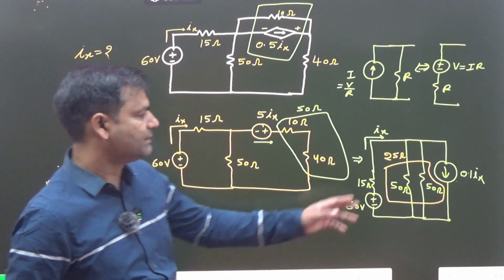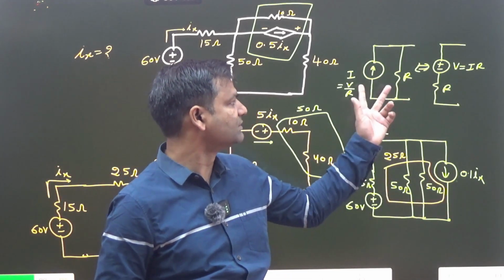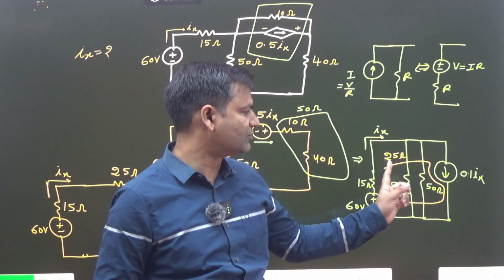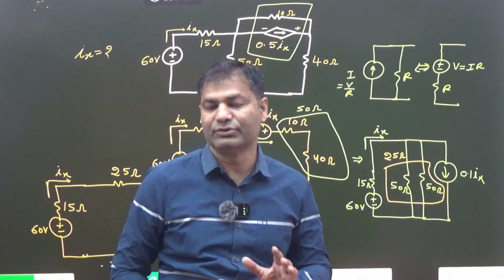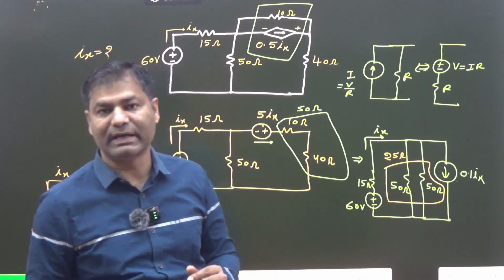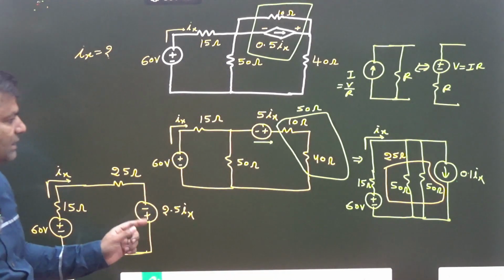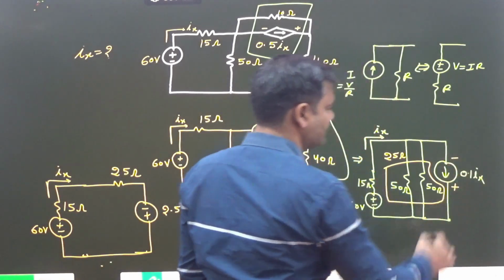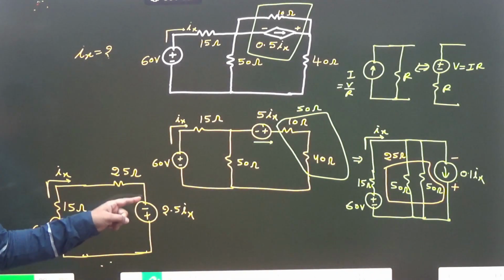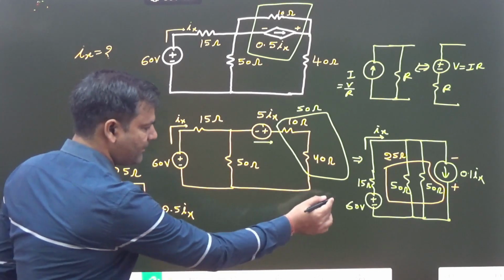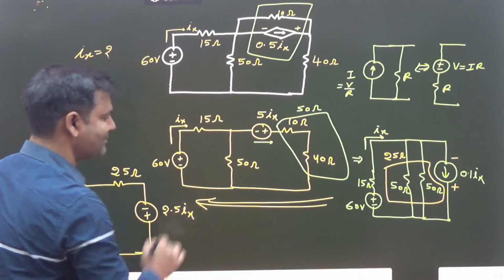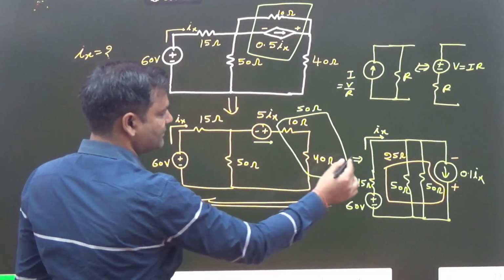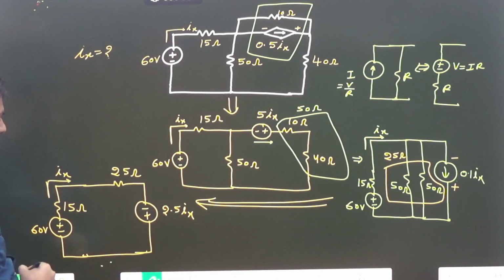This is a resistance and that is a current source given like that. If converted to a voltage source, V is equal to 25 into 0.1, that is 2.5Ix. That is the voltage source. The current direction is downward, so the polarity is plus minus, so here plus, here minus. So first make that one, after that, and after that.